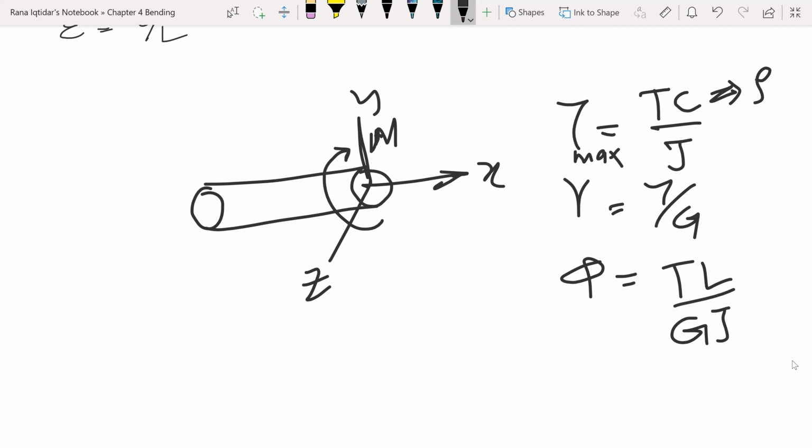T was again torque, L was the length of this particular section from here to here, G was the modulus of elasticity, and J was the polar moment of inertia, right? What we did was, we know how to calculate the J for a solid rod, for a hollow rod. G was the material property, T was the torque that can be calculated or that may be given to you, and the length is known. So from there you can calculate phi, and phi was the angular distortion or angular deformation in that particular one, right?